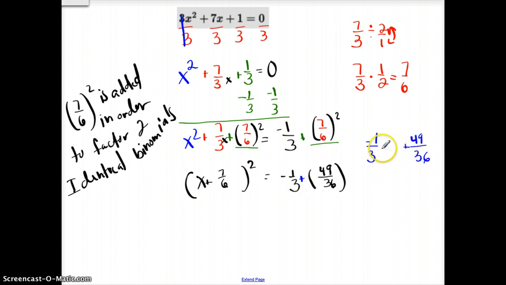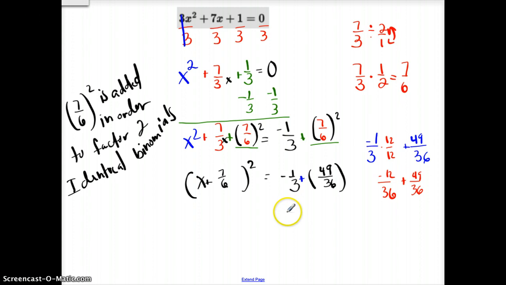Okay, and these need to be common denominators, so I'm going to multiply this by 12 over 12, so that way we can get a 36. So negative 12 over 36 and positive 49 over 36. Combine these two, 49 minus 12 is going to be 37, I believe. 49, yeah.